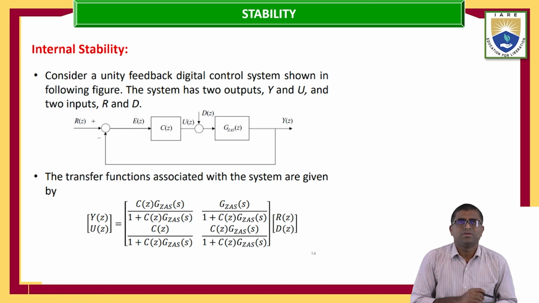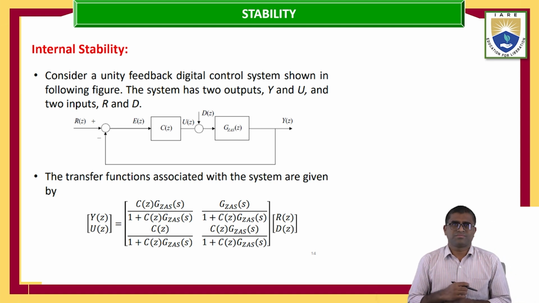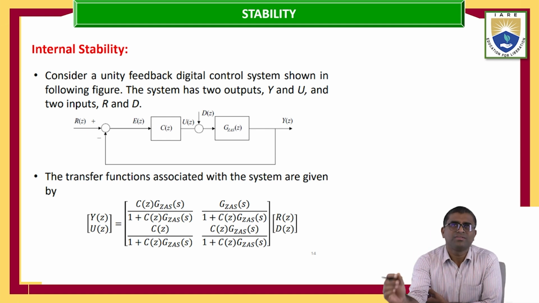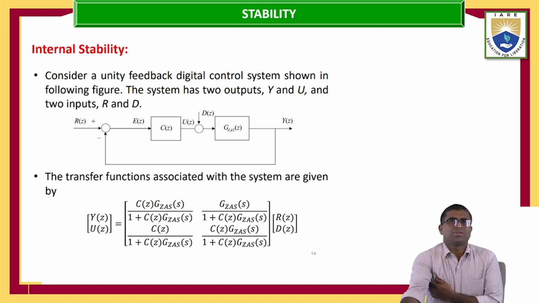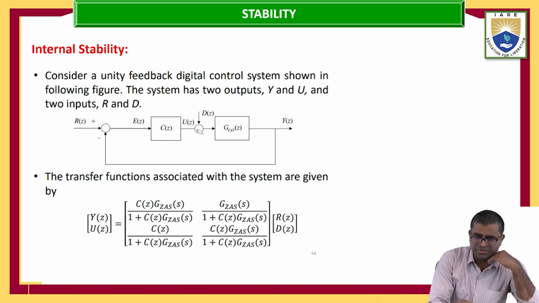For writing the transfer function of the system, output y of z, input u of z, that is the first case. The first forward path is C of z into G of s, by 1 plus G of s into G of s, plus G2 of s. See, this is the first one, from here to here.